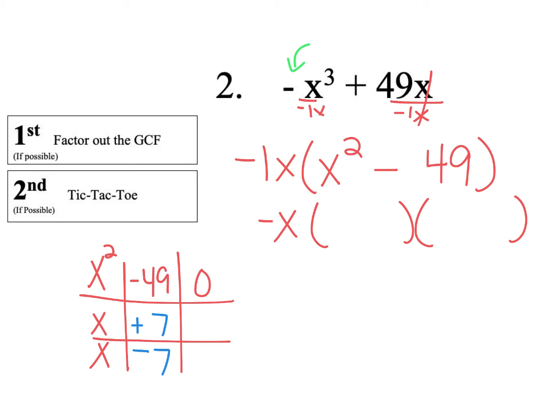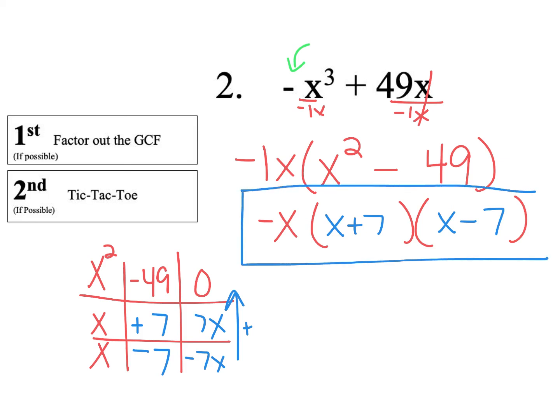So 7 times 7 is 49. 7x, negative 7x adds to 0. So one is x plus 7 and the other is x minus 7. I will tell you, if you feel like I'm going way too fast for you to understand this factoring method with tic-tac-toe, I encourage you to go back to the previous video to refresh yourself.